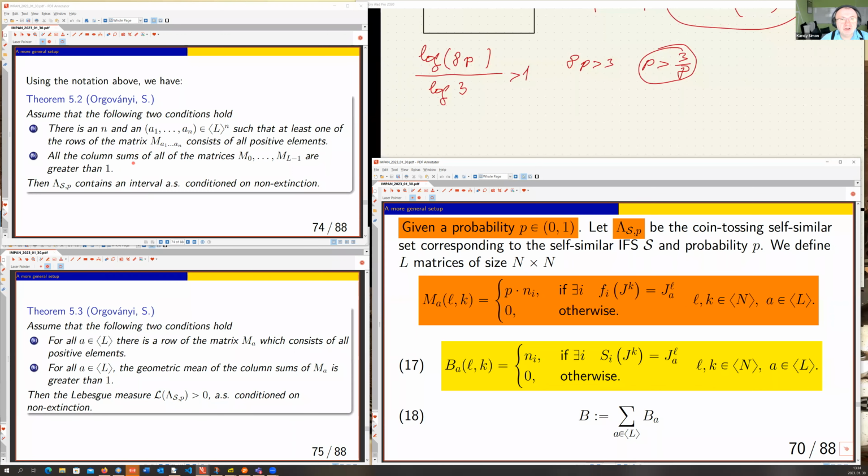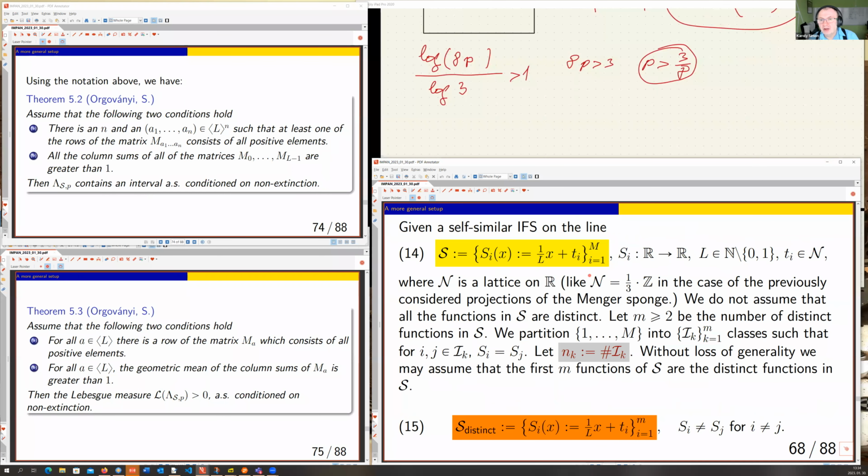So originally we prove everything in this generality for this kind of random self-similar sets on the interval, and then we set some conditions, and we want to check what kind of probabilities it gives for certain.